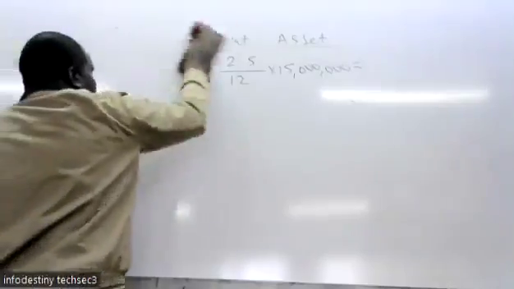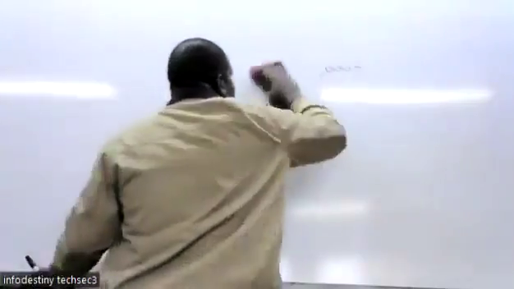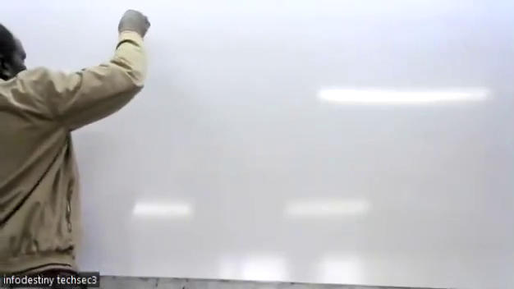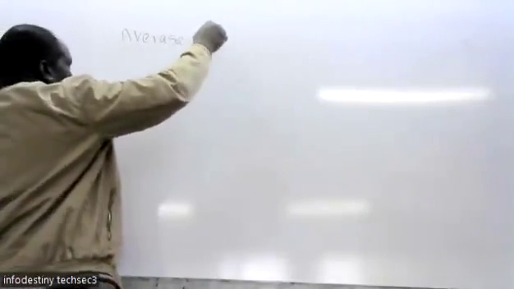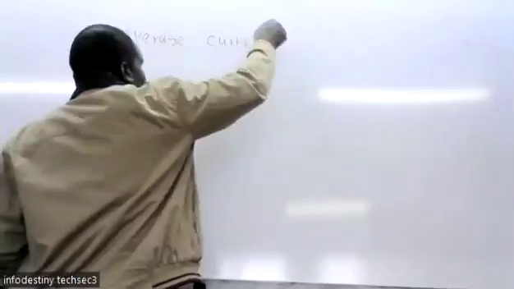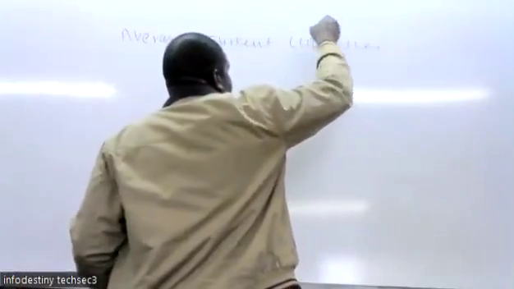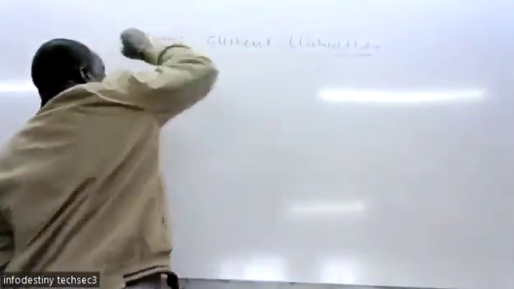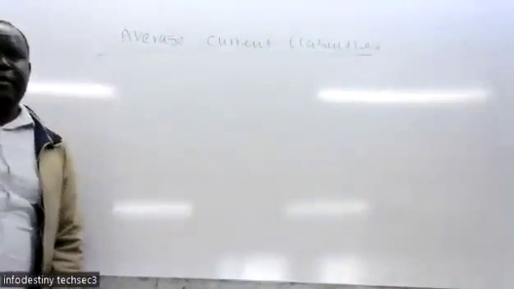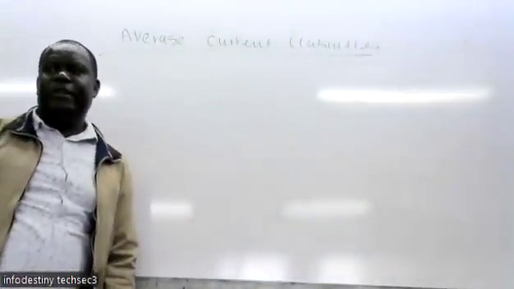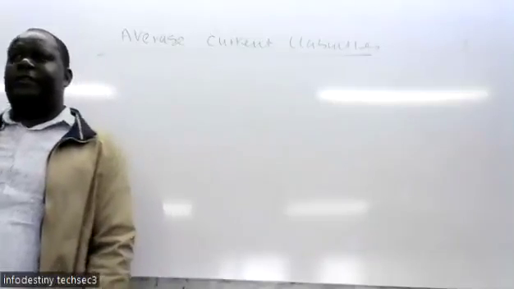Now also compute average current liabilities. So the first one is accounts payable or creditors.